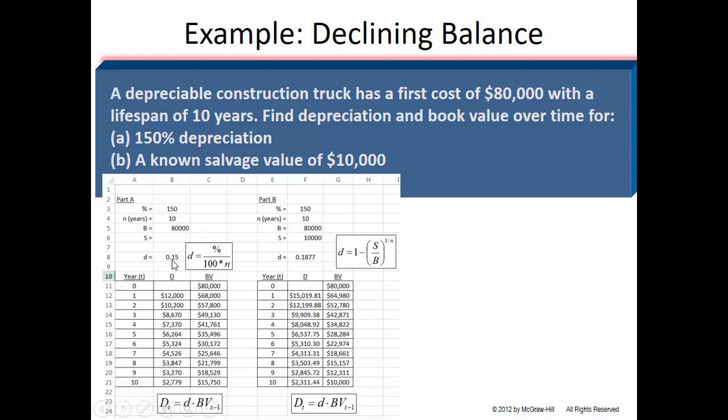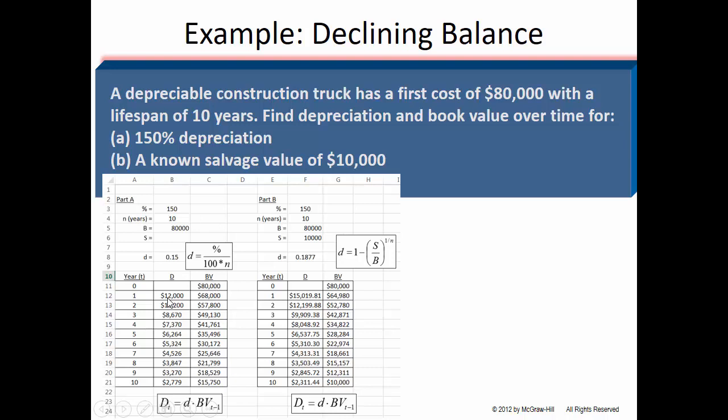The 0.15 means that in each year, the book value is going to be 15% lower than it was the year above it. So 15% of 80,000 is 12,000. If 80,000 was the initial book value, then the depreciation in year one is 15% of that previous year's book value.